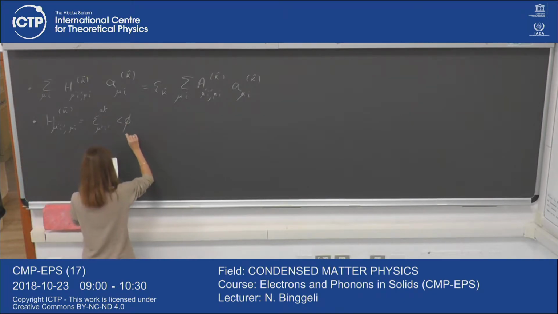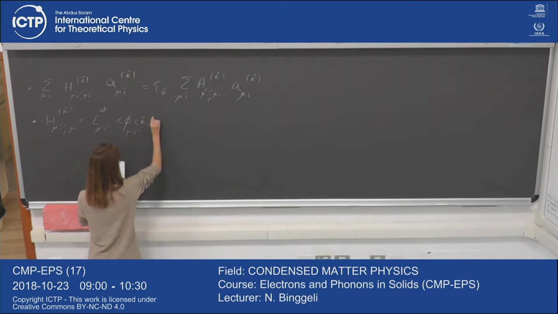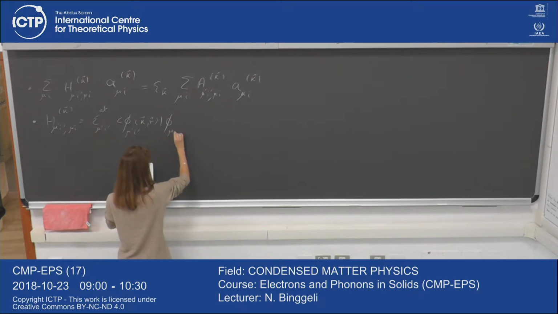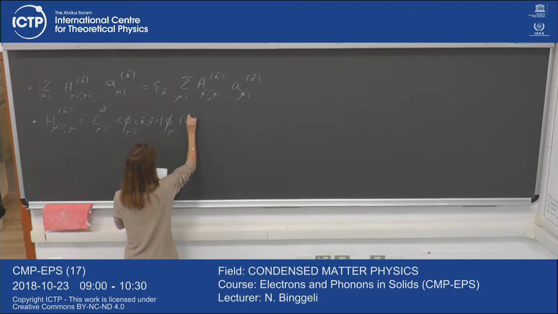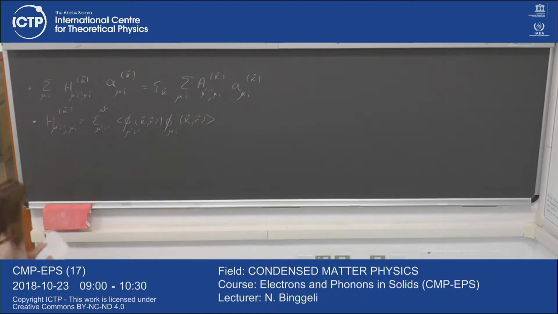The tight binding overlap matrix element mu prime I prime of k r, phi. So these are the matrix elements for H.